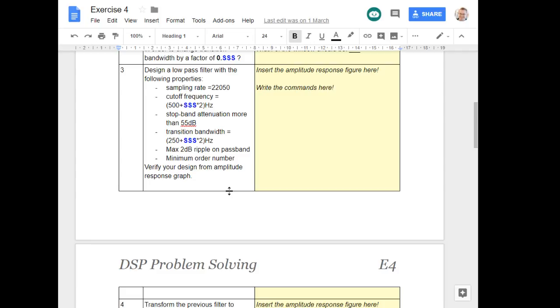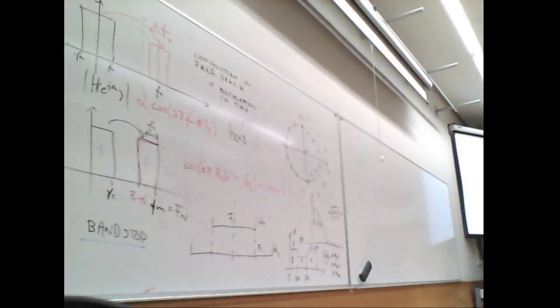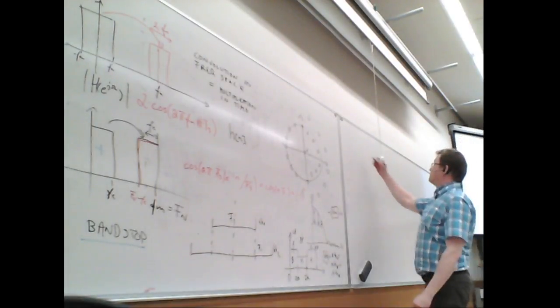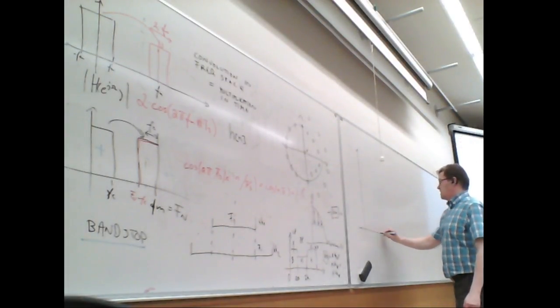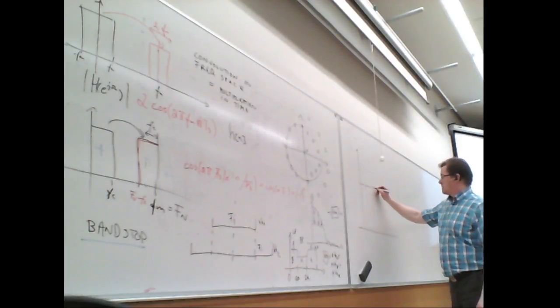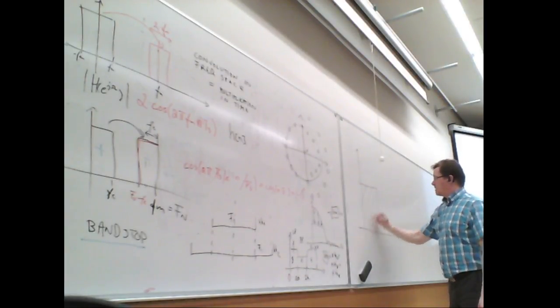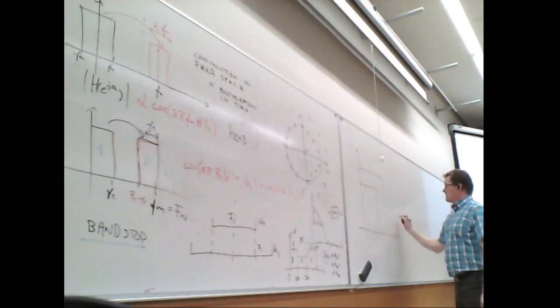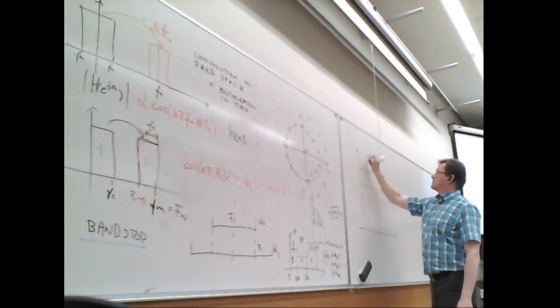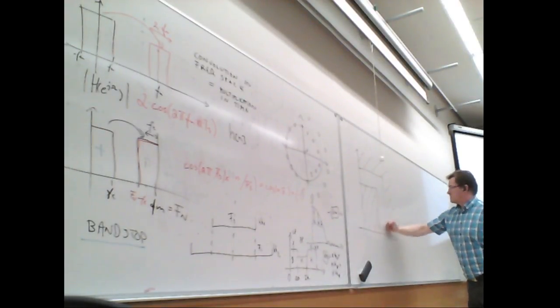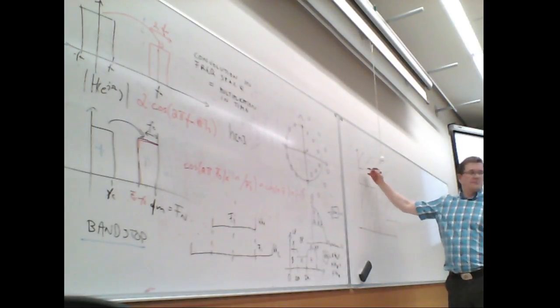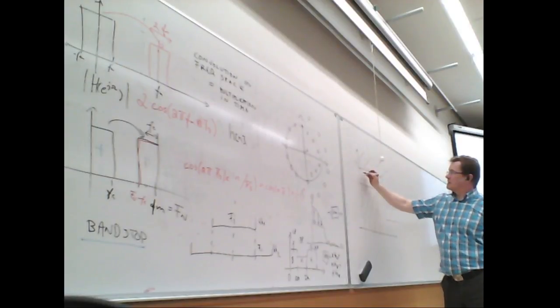Those variables, just a reminder how all the filters in the world are designed. The low-pass filter design parameters. The response cannot be here, cannot be there either. Actually, that one can be here. So passband ripple. So this is 0 dB.